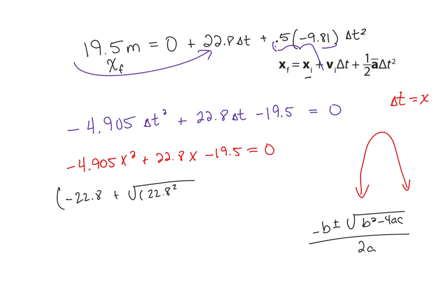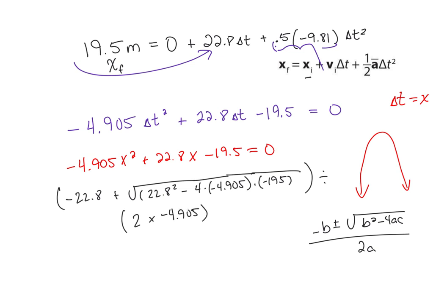Minus, it's going to do order of operations, 4 times, I'm just putting a parentheses there because it's negative, times c, all right? You're going to have to close the parentheses inside your radical and outside your radical because that's your numerator. Divide by, open parentheses, 2 times negative 4.905, close parentheses.